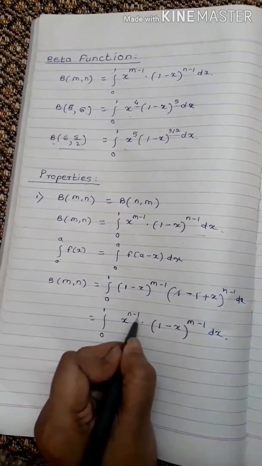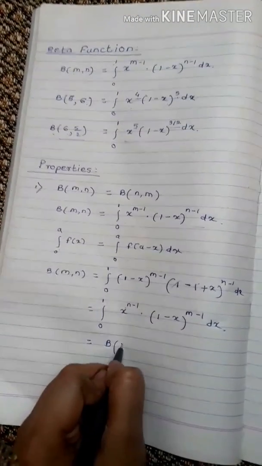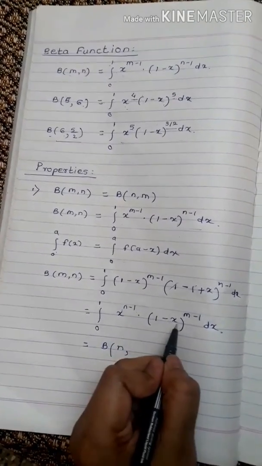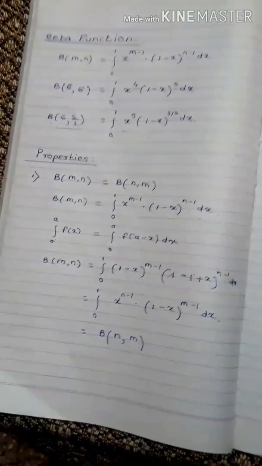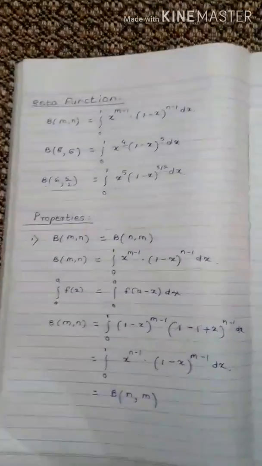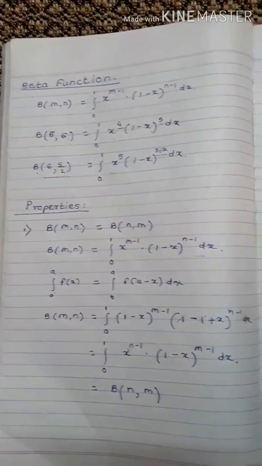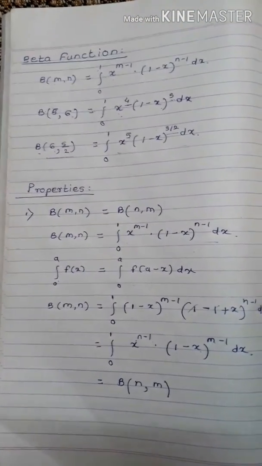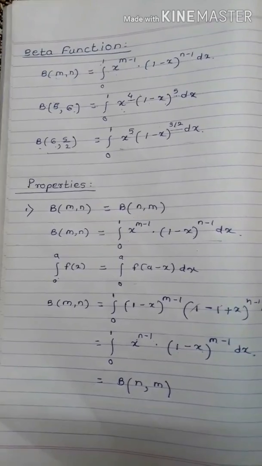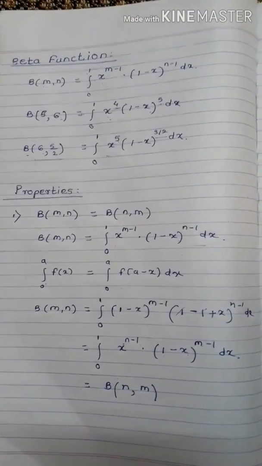The power of x is n minus 1, add 1 to that, so just n. The power of 1 minus x is m minus 1, add 1 to this, so this is m. So what I have proved here is that beta of n comma m is nothing but beta of m comma n. That is, the beta function is symmetric.